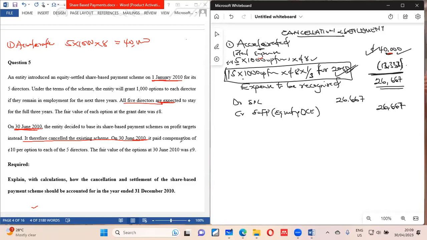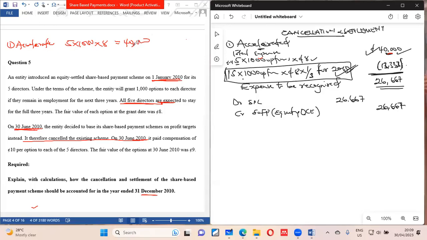So if the question is like this, if it is 2010, and the cancellation is done in the same year they gave it, then as at the end of December 2010, there wouldn't be anything there. There wouldn't be anything for you to treat, because it has been canceled.